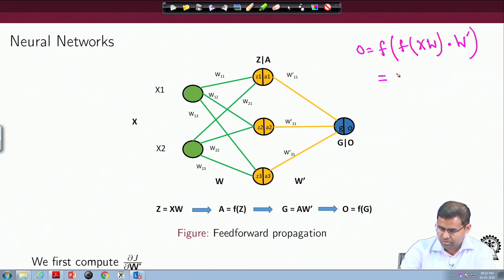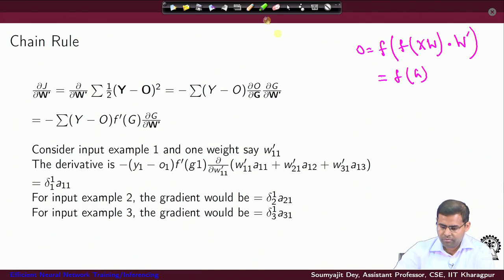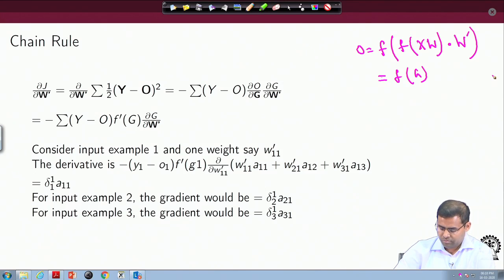So, O was like some f of g, right, because we were calling this entire thing g in our expression. So, accordingly we write it as del O del g del w prime, right.